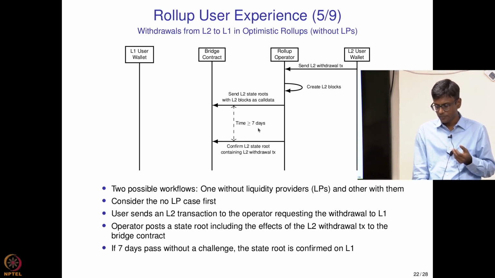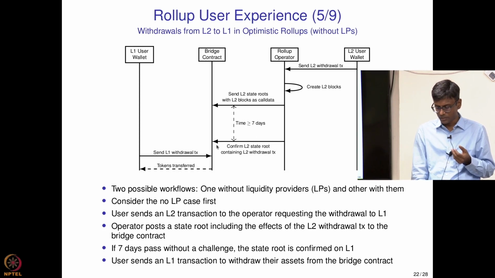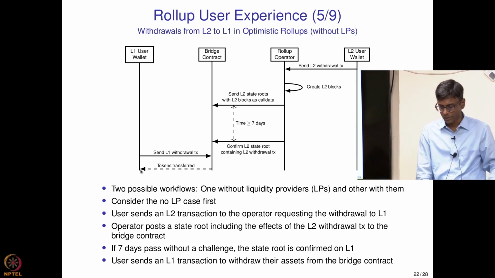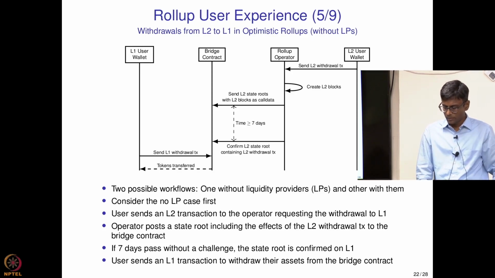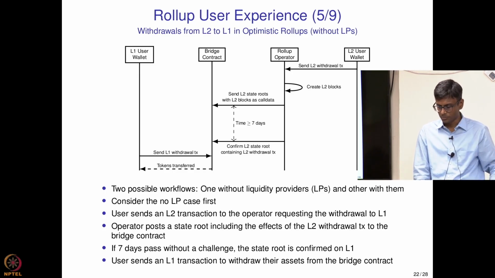After 7 days, if there is no challenge on that withdrawal transaction state root, then the withdrawal transaction is confirmed, and the user will send an L1 withdrawal transaction. The bridge contract will check whether 7 days have passed without challenge for that L2 withdrawal, and then the bridge contract will transfer the tokens back to the L1 user wallet. This is without a liquidity provider, so it takes 7 days to withdraw your assets from optimistic rollups.